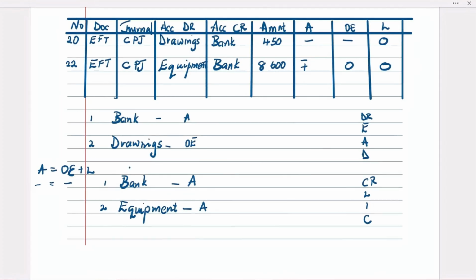If there is no entry here of owner's equity, I don't want to see anything there. And remember, the golden rule, what happens on the left must also happen on the right. So the moment you say plus on assets, we expect to find plus this side. There are times where you have this scenario on day 22. We call it 0 is equal to 0 because minus 8.6 plus 8.6 will give us a 0.